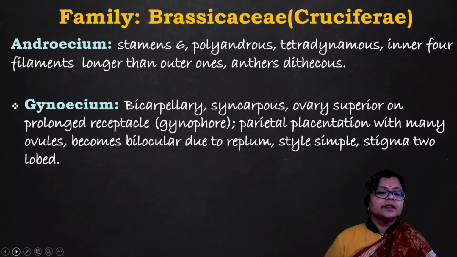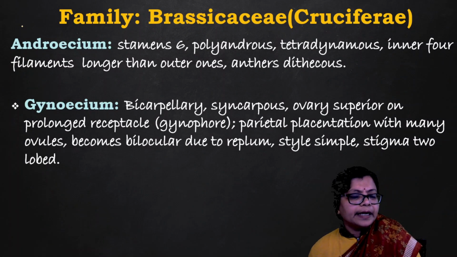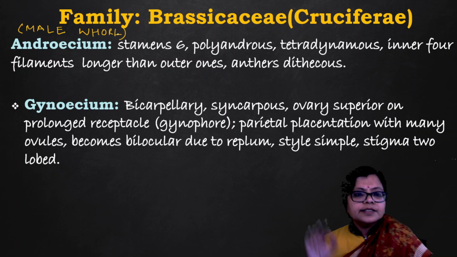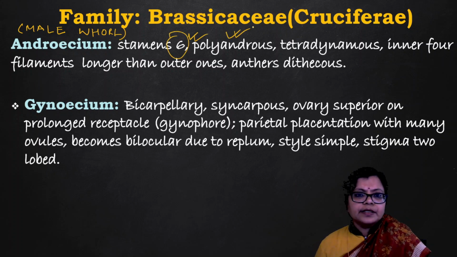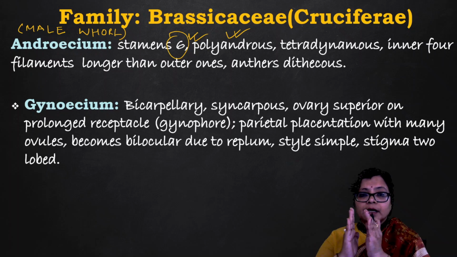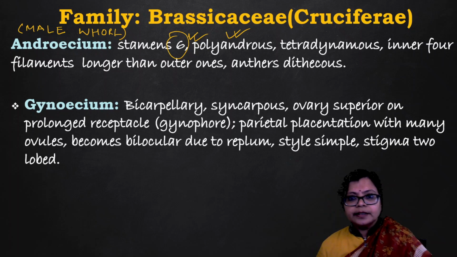Next, androecium, that is the male whorl, consisting of stamens. How many in number? 6 in number. Polyandrous, what does it mean? That means the stamens are free from each other, not joined.